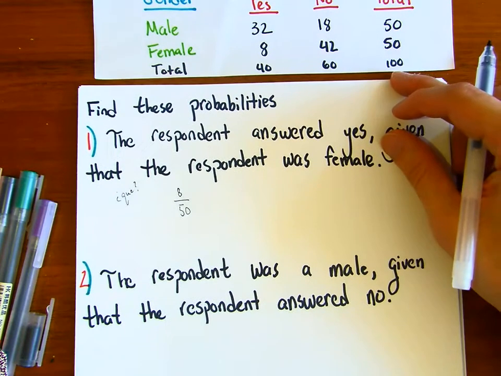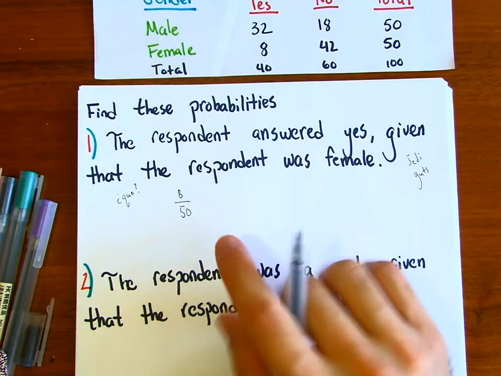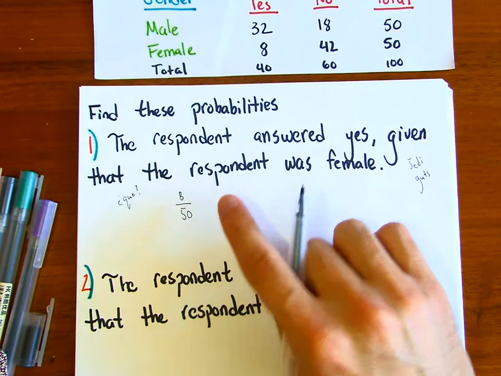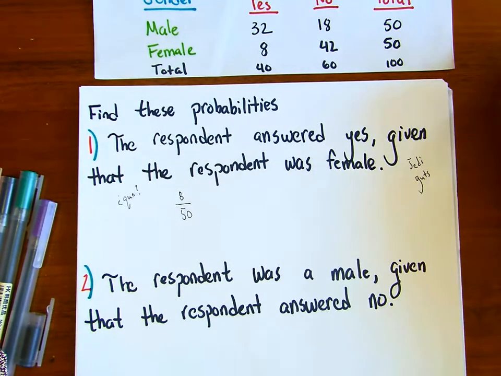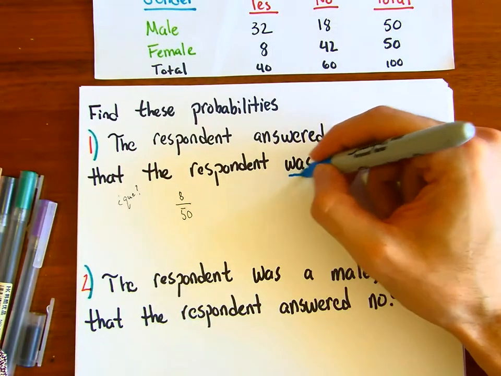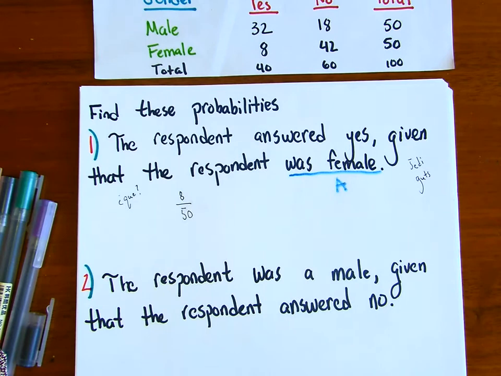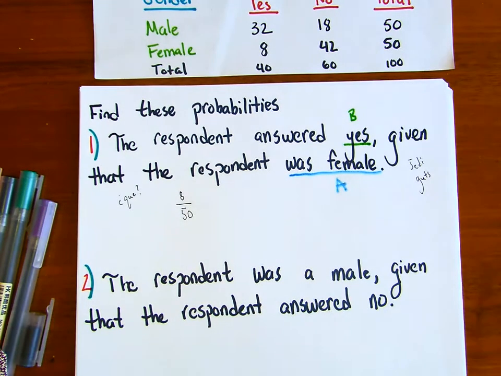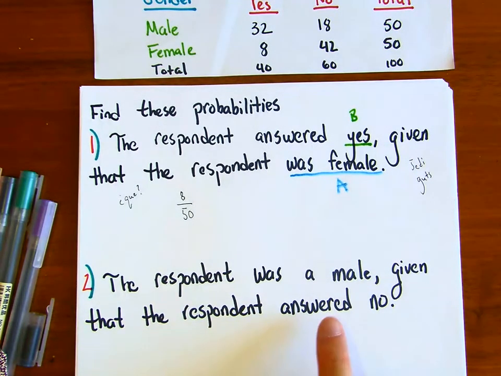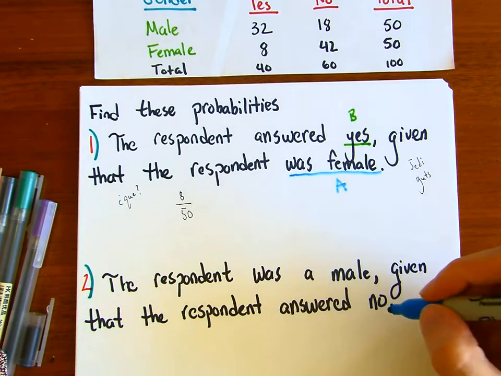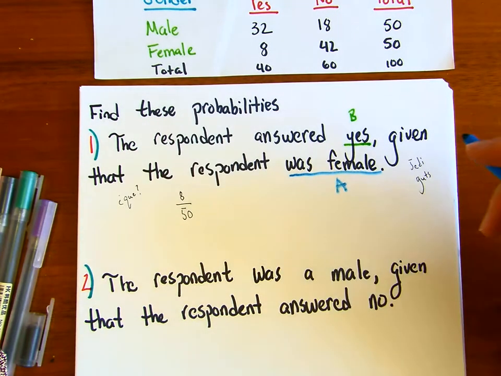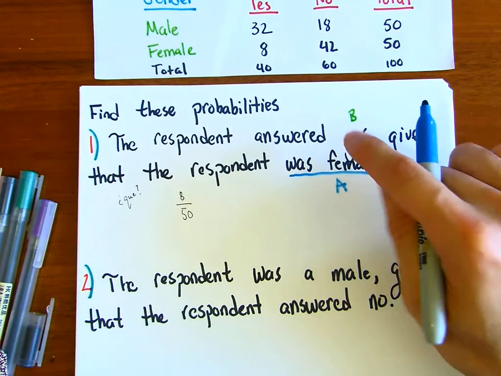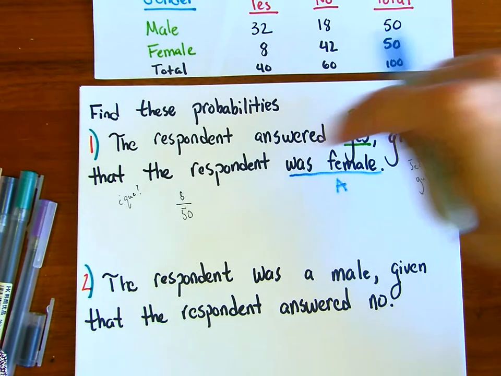Let's go back. How did I do this question? First, I looked at the females, and then I looked here. The respondent answered yes, given that the respondent was a female.